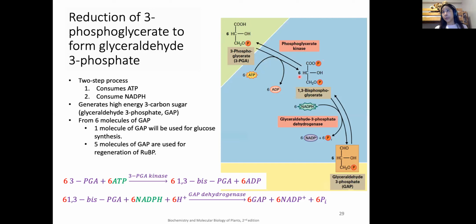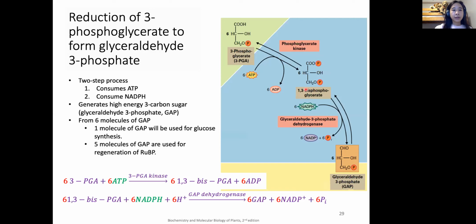So the product of 3-phosphoglycerate kinase is 1,3-bisphosphoglycerate. You have 2 phosphates. That means bis means 2, and the number at the beginning is the position of the phosphate in the molecule.